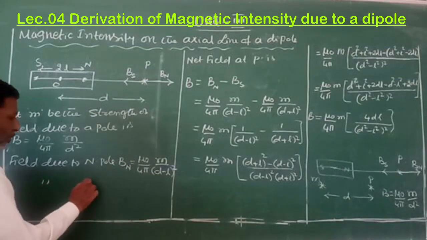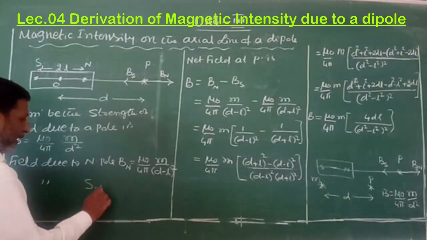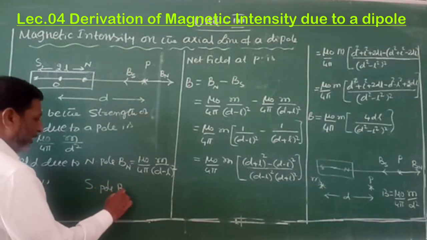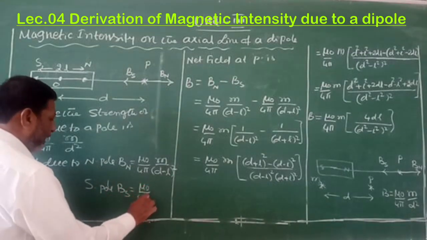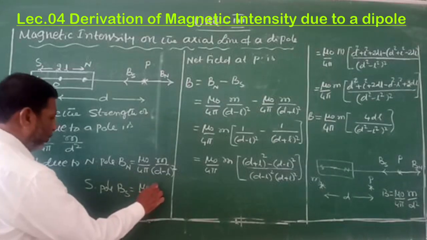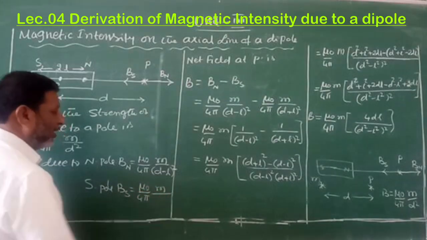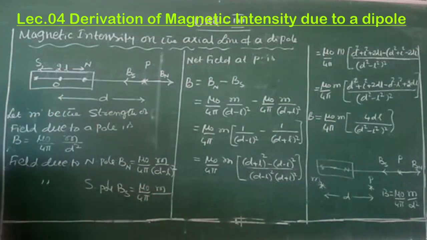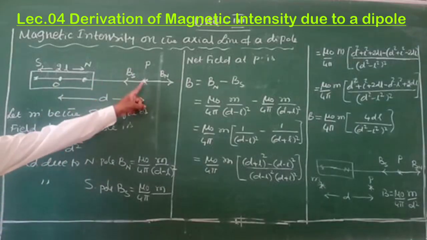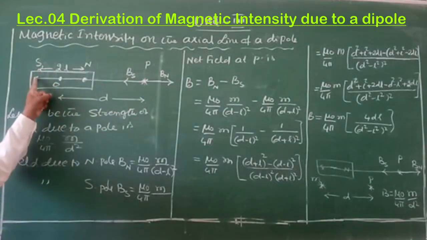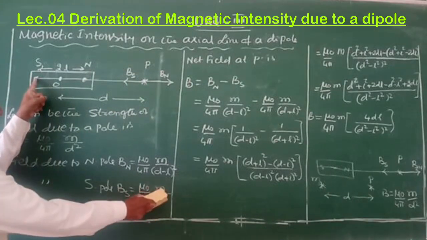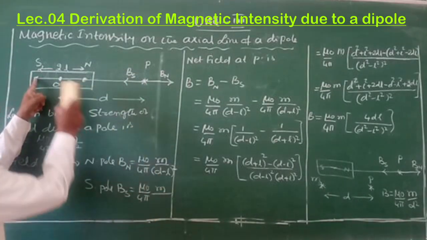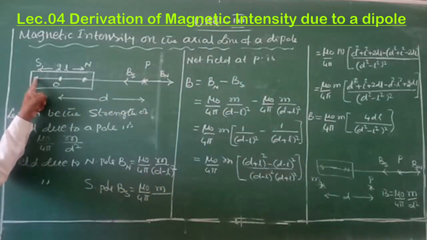Field due to the south pole, let us write B S, is equal to mu naught divided by 4 pi. The pole strength is the same for both the north pole and the south pole. So the field at this point due to the south pole is mu naught by 4 pi, M divided by the square of the distance.